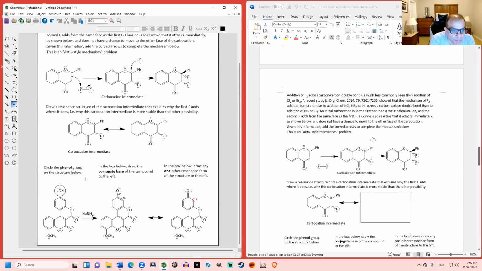Unfortunately, it's covering up the minus charge with a red circle, but that's a carbanion over there. The minus charge could also go on this carbon. It could also go on this carbon. So there are multiple correct answers to that question.